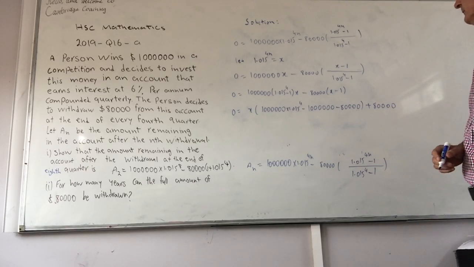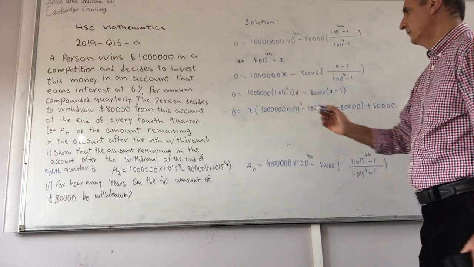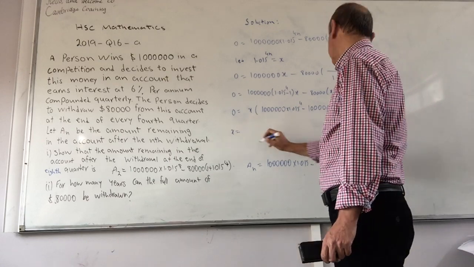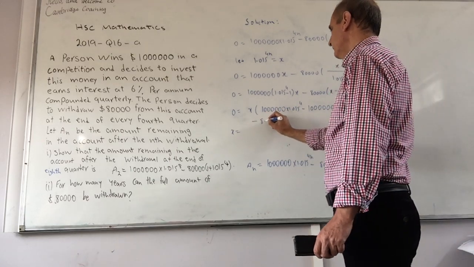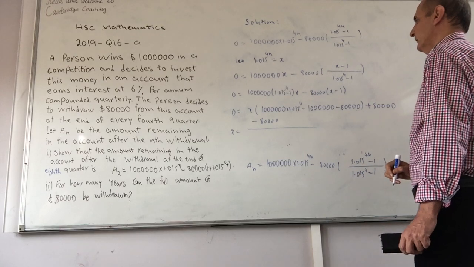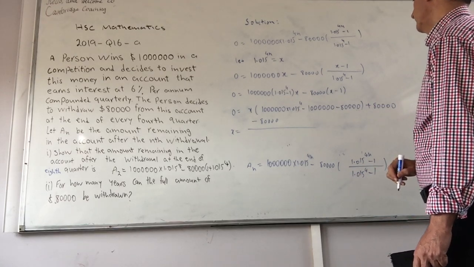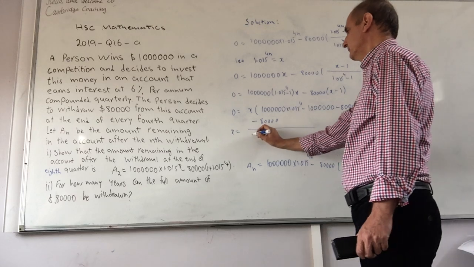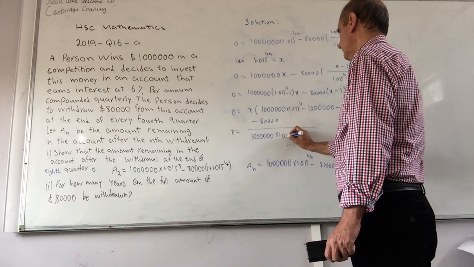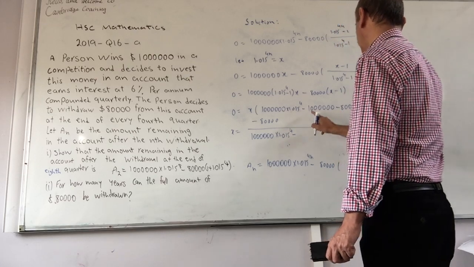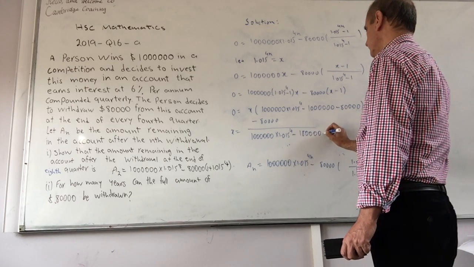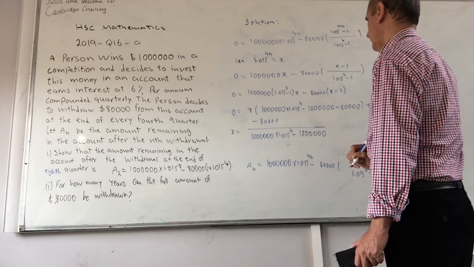Okay, from here we can find x. We take the constant to the other side, and x becomes minus 80,000 divided by the coefficient of x, which is 1 million times 1.015 to the 4 minus 1, minus 80,000.